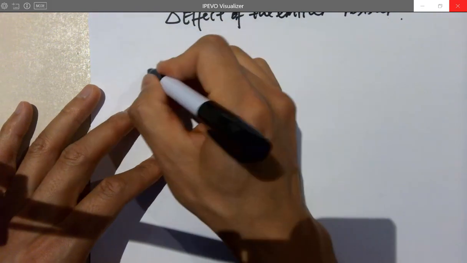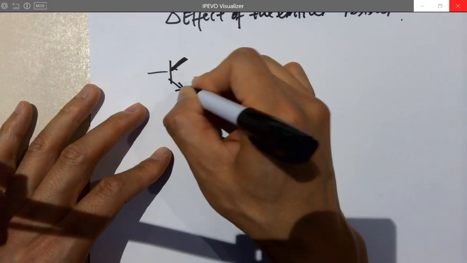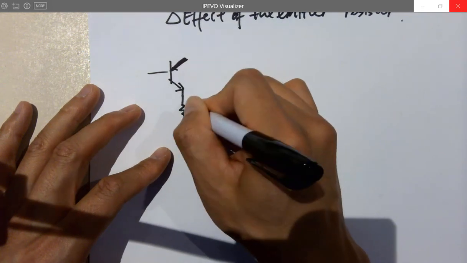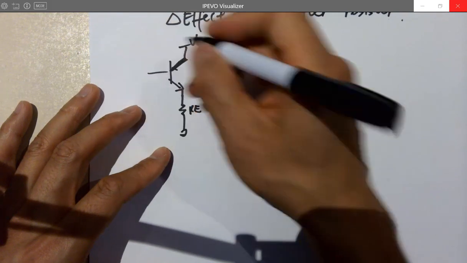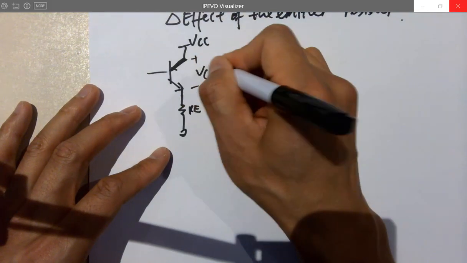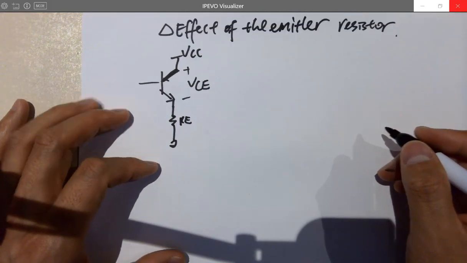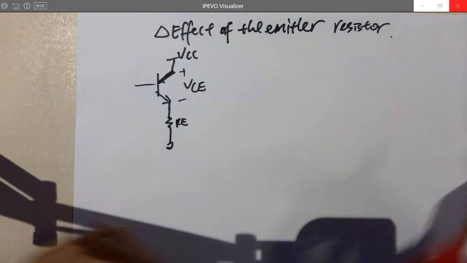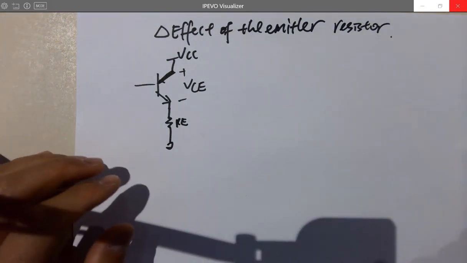So what if the circuit looks like this? There's still VCE. Is it going to affect your calculation for the load line? Not too much.